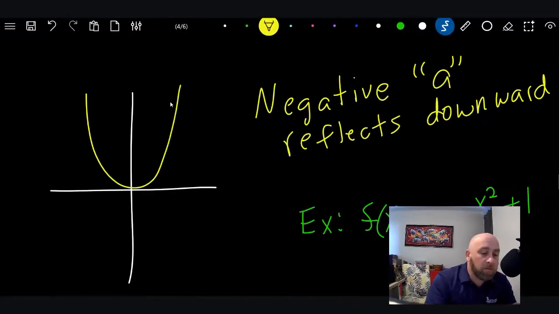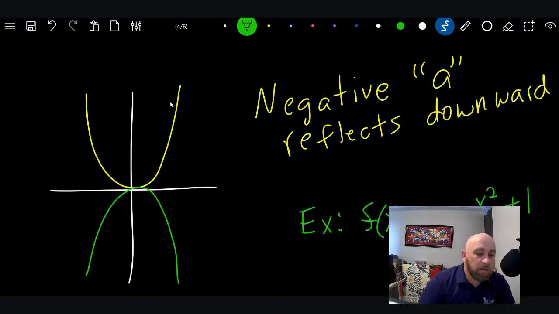If you know anything about science, you've studied that before. Refraction, reflection, all those different things. It's the way that the light hits the mirror and bounces back. And I'm not going to get into all the technicalities of the science behind it, but reflection, reflect. Okay? Now, what does that mean? Well, here's what it means. If the parent goes this way, the child is going to go this way.